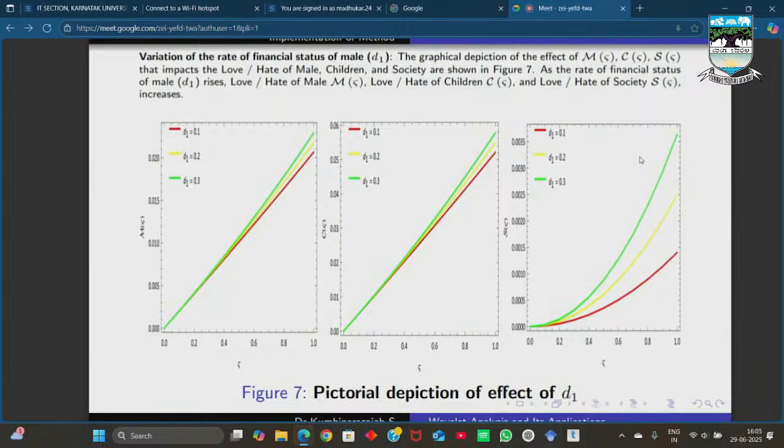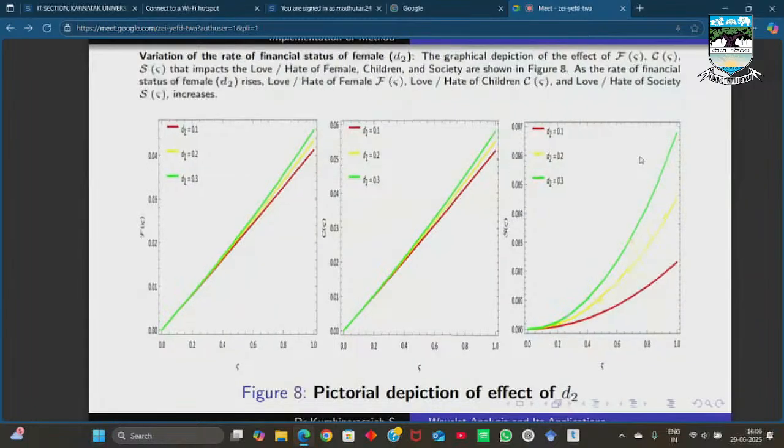So therefore, the family love also increases, and the love of the child is also going to increase. If both increase, the family will be healthier, and therefore the love of the respective society also goes on increasing.